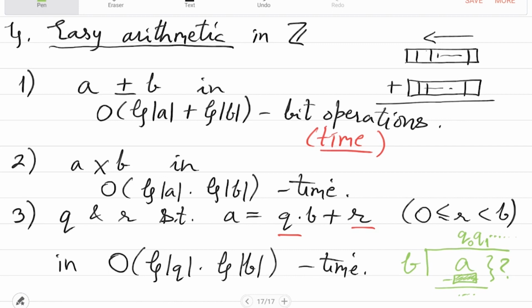We'll very soon see that we need this log Q times log B complexity to compute GCD. So it is better that you convince yourself that for long division, the complexity is log quotient times log divisor. The A and R anyways is very small.